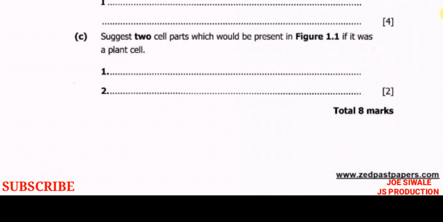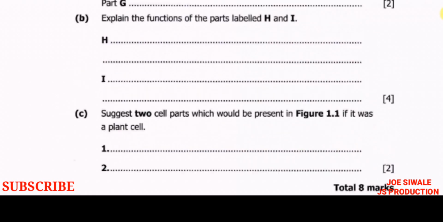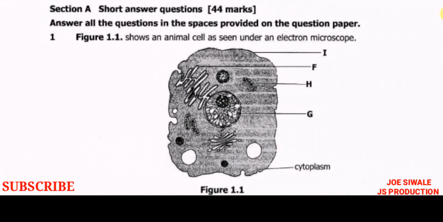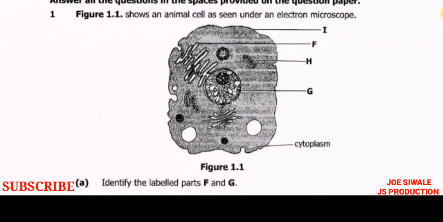And the total marks of that question is 2 marks, which means each answer is equivalent to 1 mark. So that's figure 1.1 which is showing the animal cell.